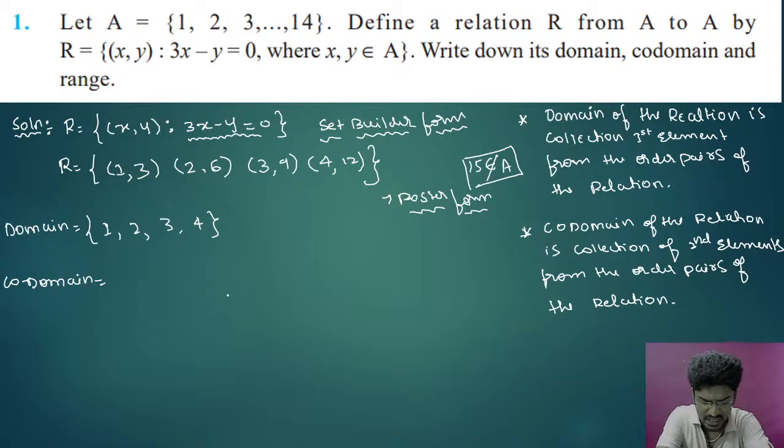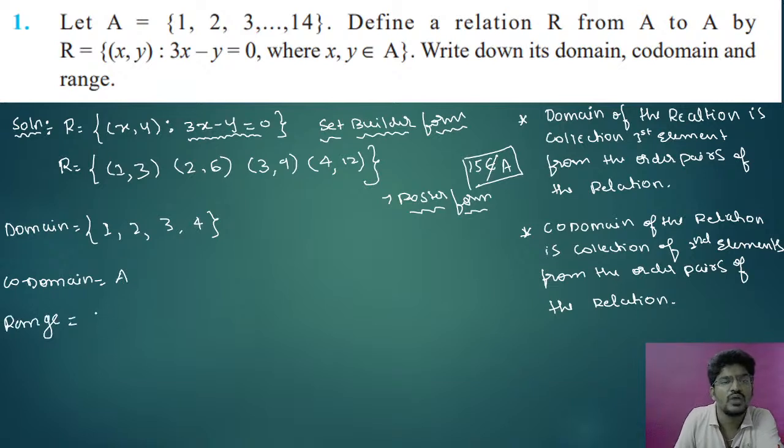Otherwise you can write codomain as set A, and range will be equal to the set {3, 6, 9, 12}. That means the collection of the second elements, that will be 3, 6, 9 and 12.